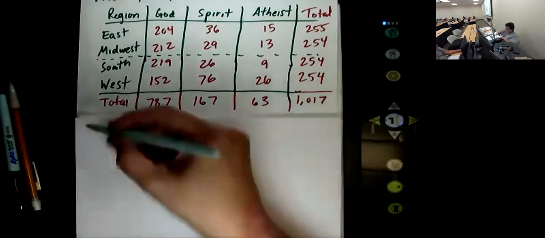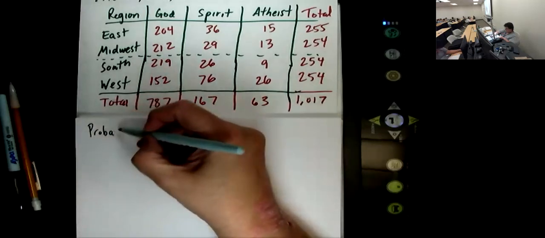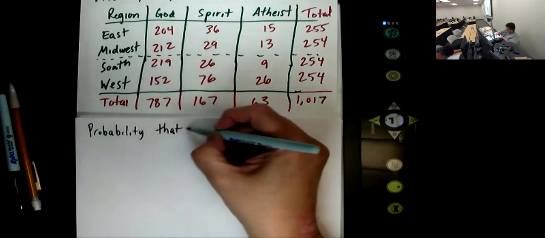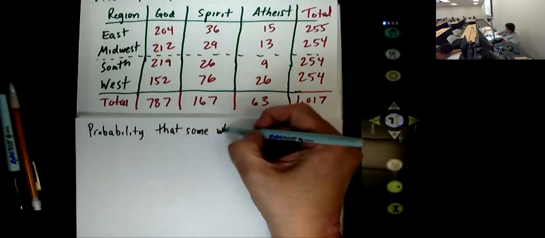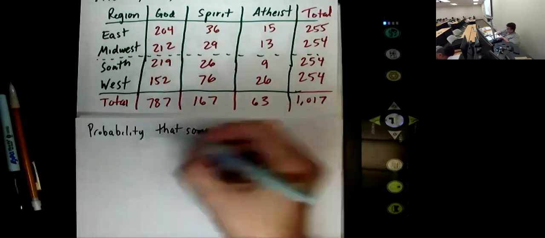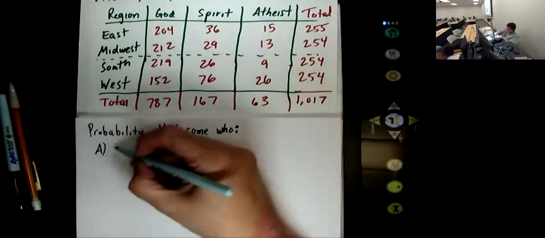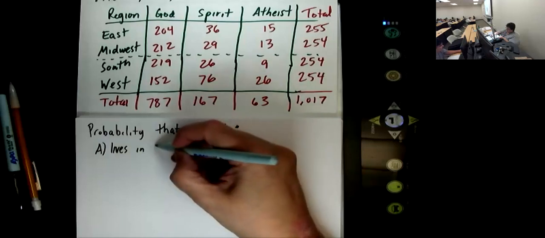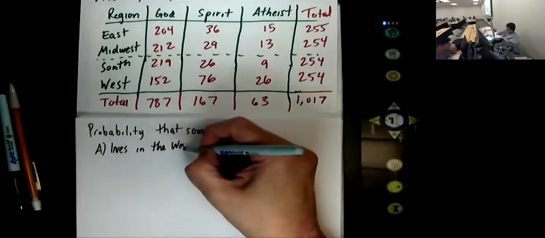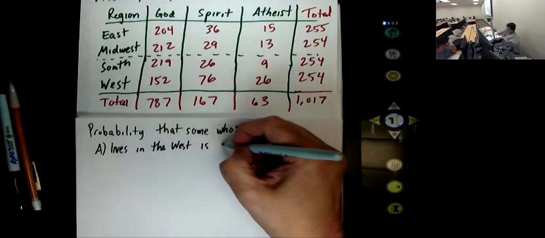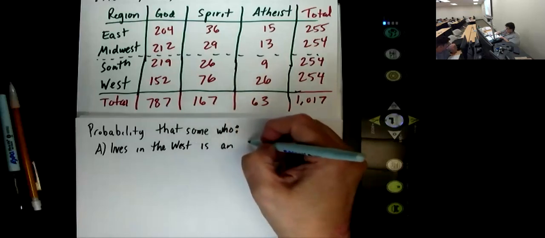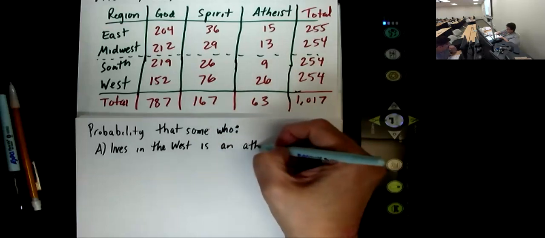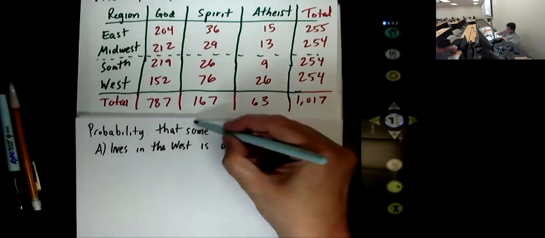What is the probability that someone who lives in the West is an atheist?